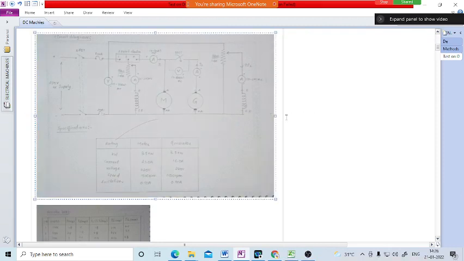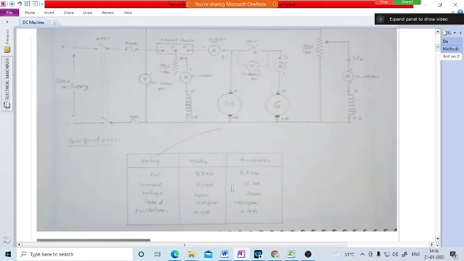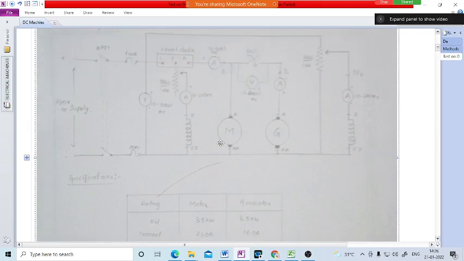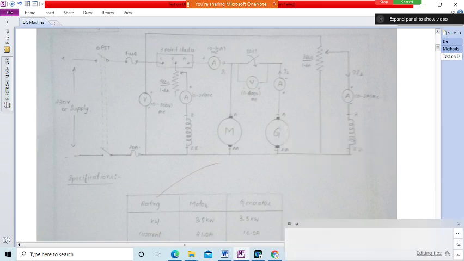Let's see the circuit diagram. In the circuit diagram we have the 3-point starter, motor, voltmeter, the DPST switch, fuse, and ammeter.